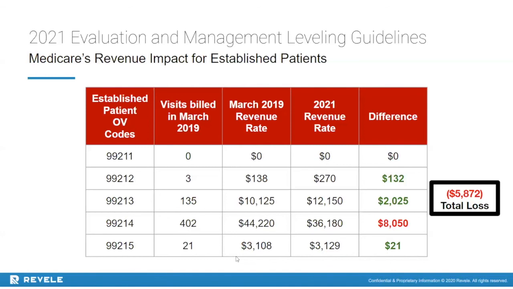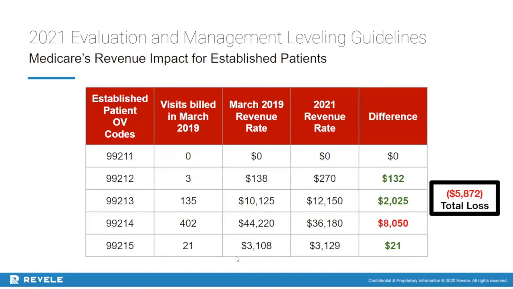For 99213, if we had 135 claims equaling current, or for 2019, $10,125. As it is proposed for 2021, we'd make $12,150, therefore having a profit of $2,025.